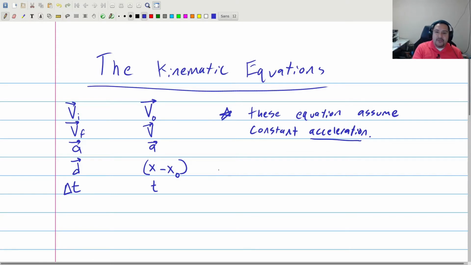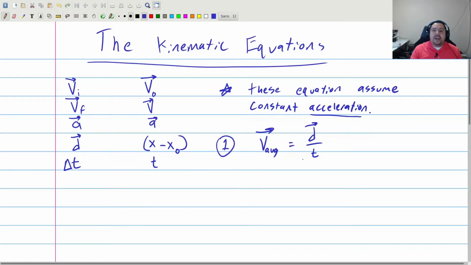Well, the first one I think is kind of obvious. And it's actually kind of a sad one. The first one is really just kind of a modified version of our definition of average velocity. And I'll tell you what, I'll show you how we get the first equation. We start from here. V average equals d over t. These are vectors. So this is average velocity is equal to displacement divided by time.